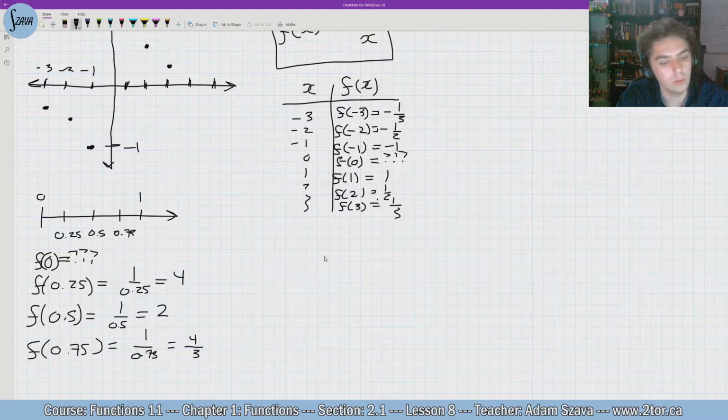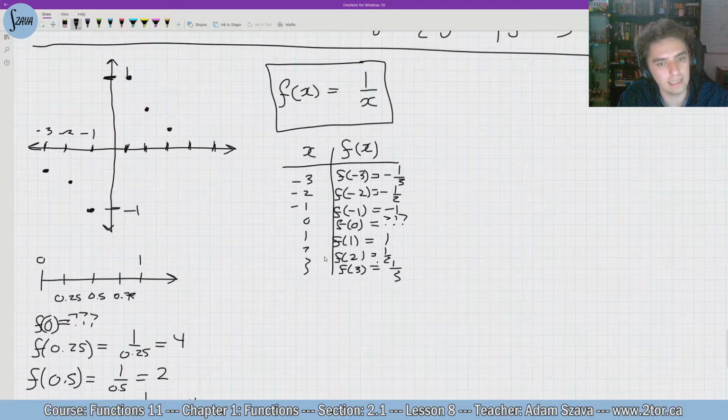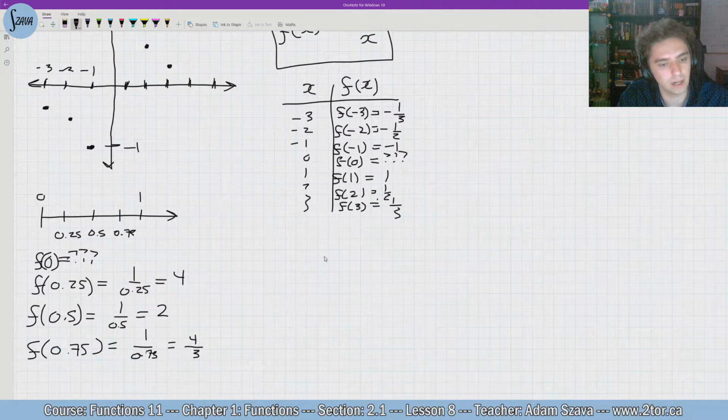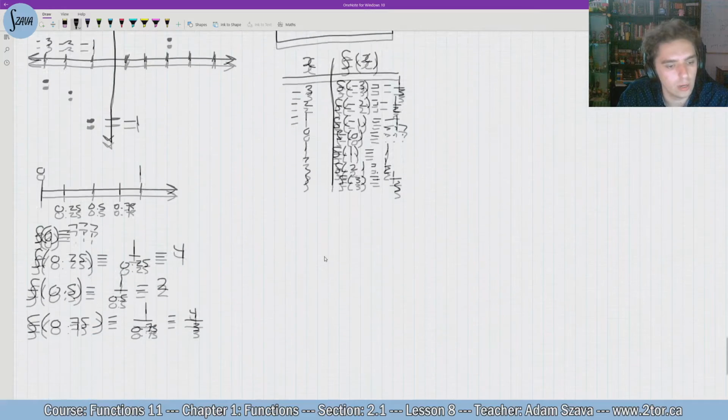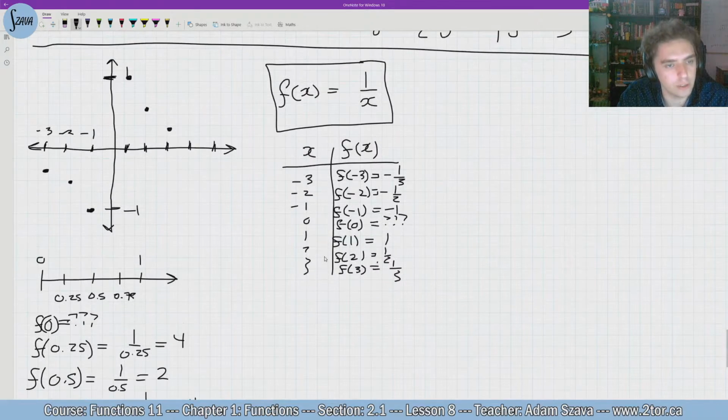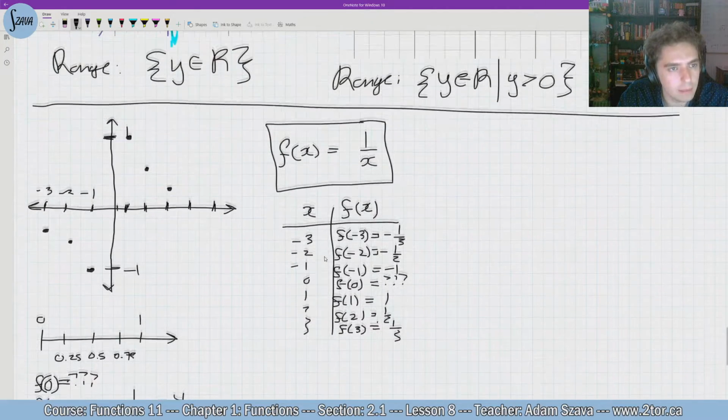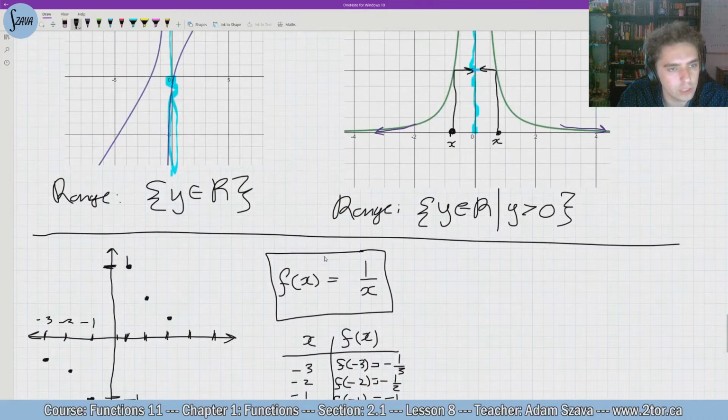Okay, so we can see these are the numbers. Now what's happening here? As x gets bigger, f of x gets smaller. So essentially we're going like that. F of 0.25 would be right there maybe. 0.25 was 4, so that'd be way up here somewhere.